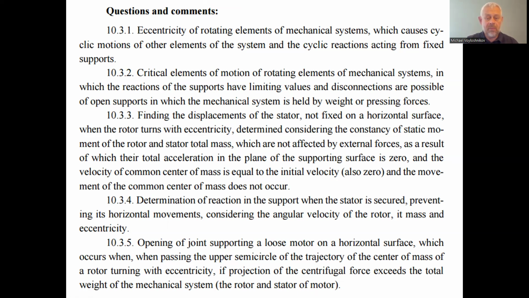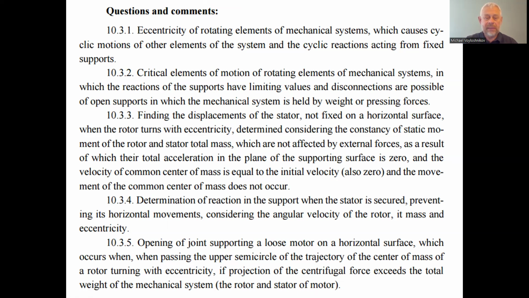10.3.2 Critical elements of motion of rotating elements of a mechanical system in which the reactions of the supports have limiting values and disconnections are possible: open supports in which the mechanical system is held by weight pressure forces. If we do not have the bolted fastening, then the mechanical system is on the support only by the action of its weight.